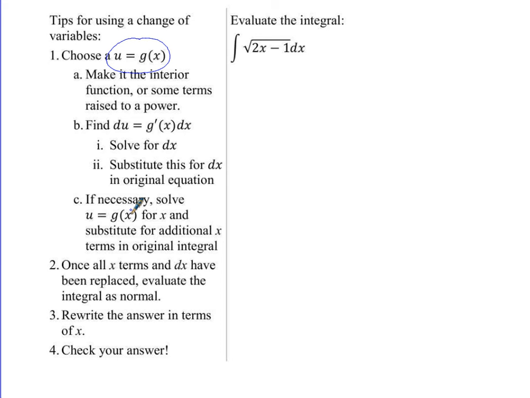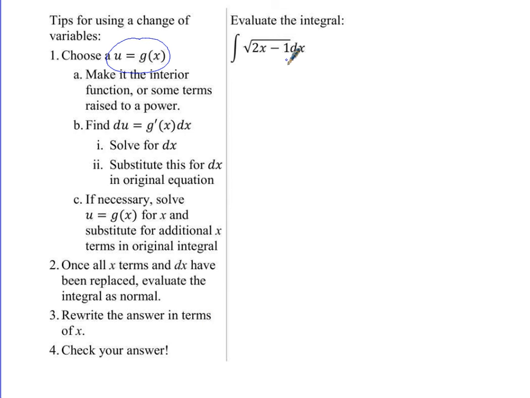Once you do, all of your x terms and dx term have disappeared. Then you're left with just a function with respect to u and a du. Then you can integrate. Rewrite the answer in terms of x means back substitute. Once you've taken the integral, you can put back in what the function was, and then always check your answer. You will want to take the derivative back to make sure that you get exactly what you started with.